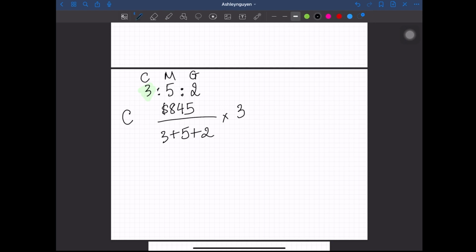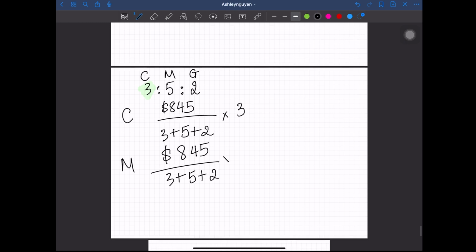The same, Maggie will equal to $845 divided by the total of ratio times by 5, because Maggie had 5 parts, and Gary, the same thing, he had 2 parts times 2.